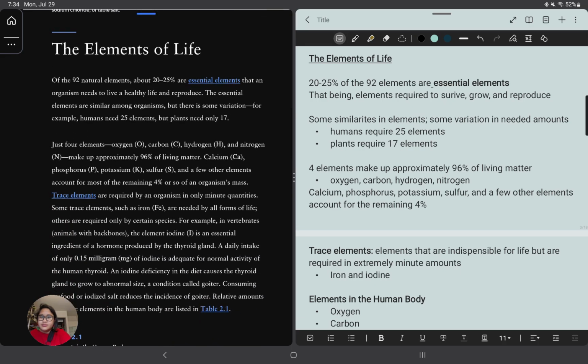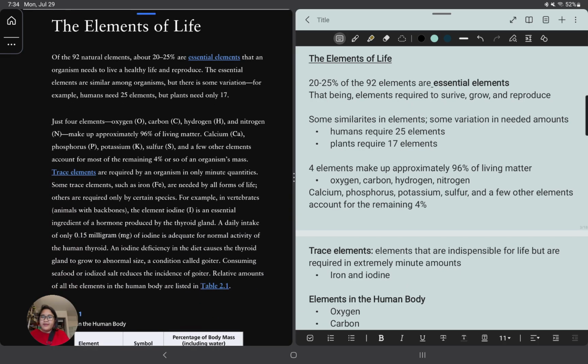The elements of life. Of the 92 natural elements, about 20 to 25% are essential elements. Essential elements are those that an organism needs to live a healthy life and reproduce. The essential elements are similar among organisms, but there is some variation.